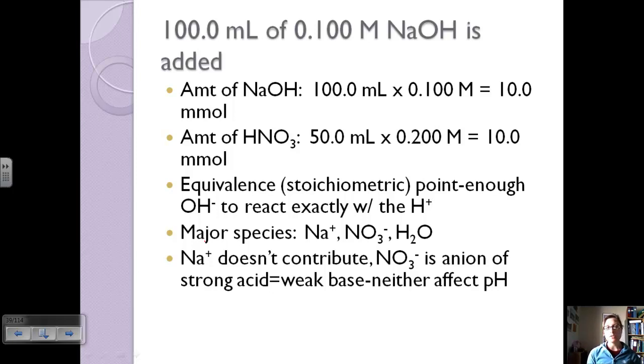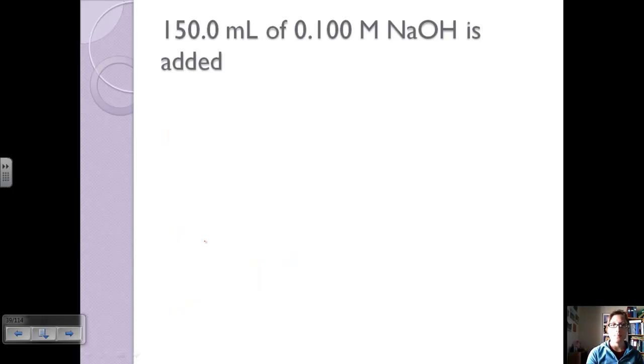So really, neither of these species are going to affect the pH at all. So that leaves water. Well, the pH of water is 7, and so this means that now the solution is considered neutral. So it's kind of interesting. We had very gradual pH changes, and then all of a sudden we jumped up to 7. This is what's called the equivalence point, where we have equal amounts and our pH is neutral.